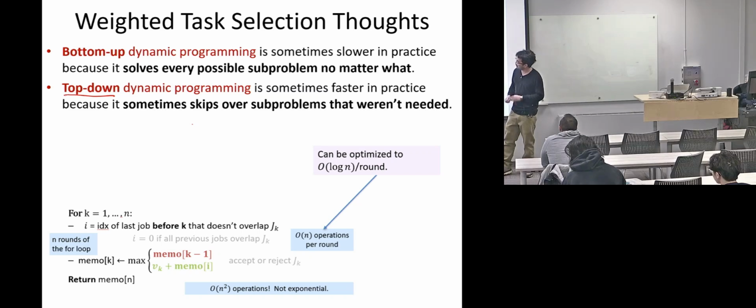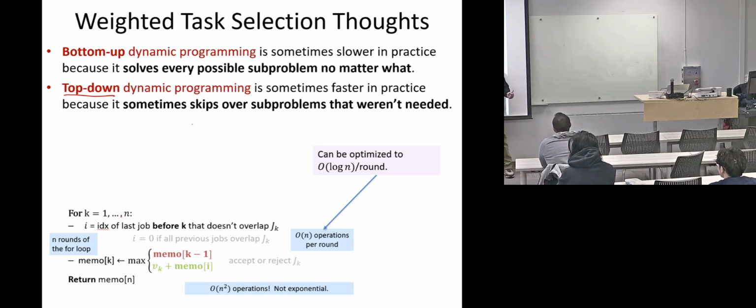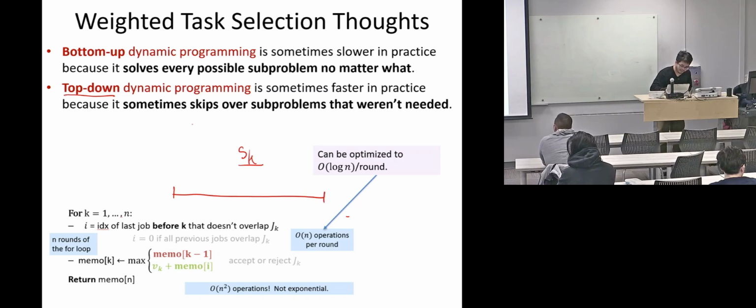Good. You have a sorted array of finish times, and you have job jk. You know the start time of jk, sk, and you have this array of finish times of j1 up to jn.